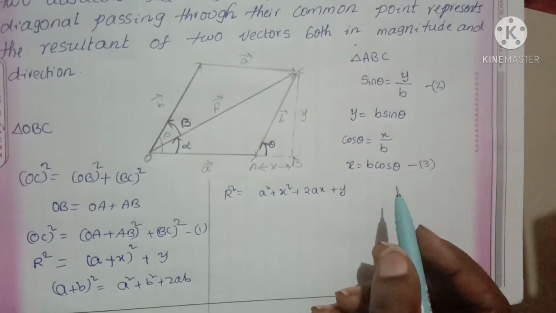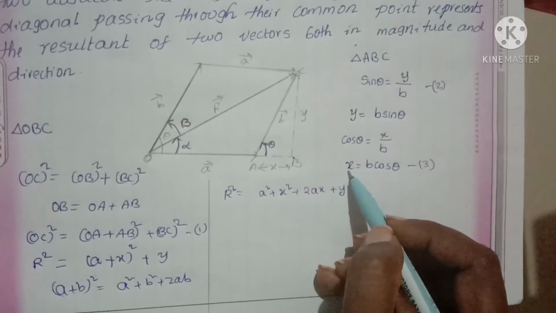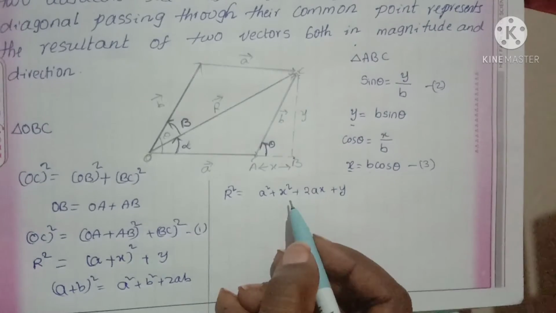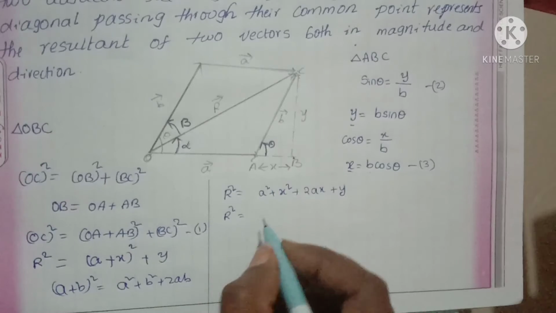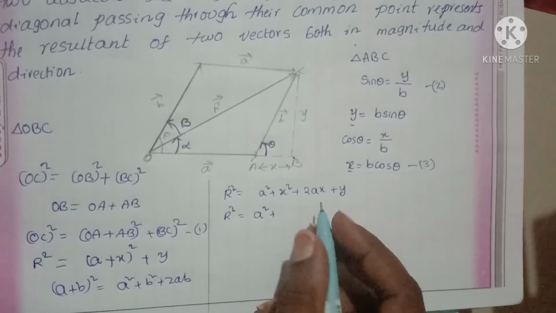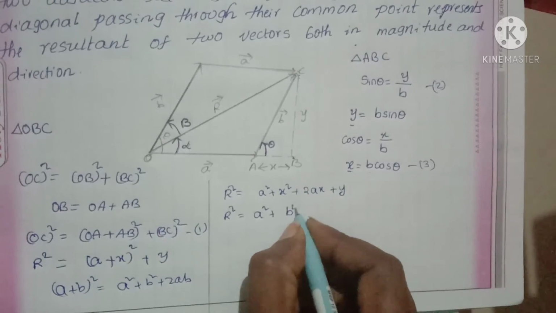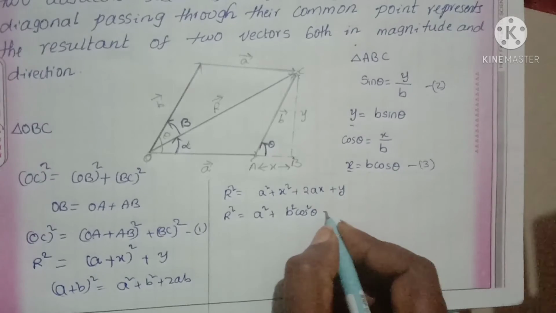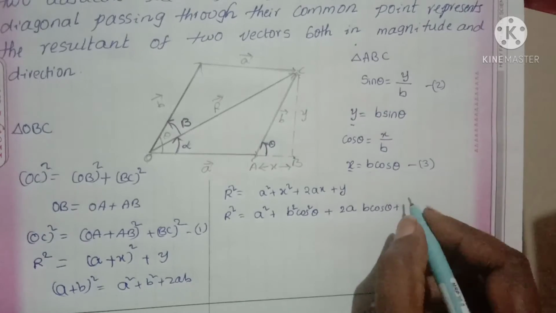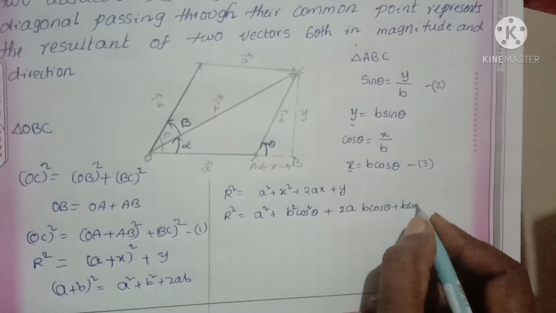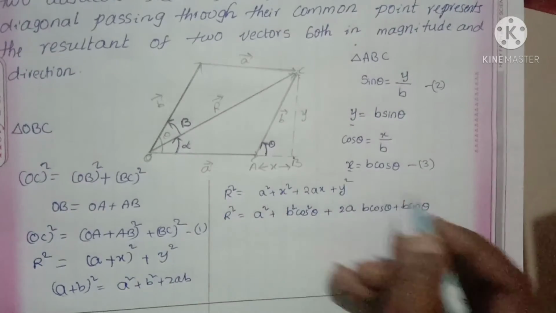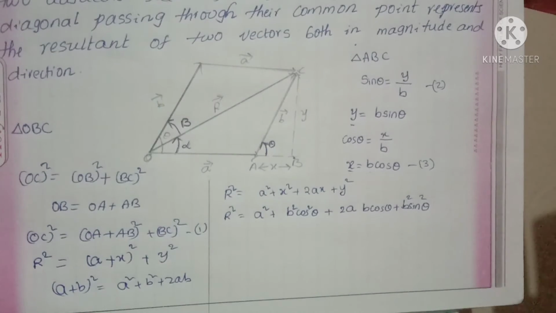Okay, now see here. x means b cos theta, y means b sin theta. Now substitute these two in this equation in place of x and y. A square plus x square, x means b cos theta, so b square cos square theta, plus 2a times x, that is b cos theta, plus y square, that is b square sin square theta.